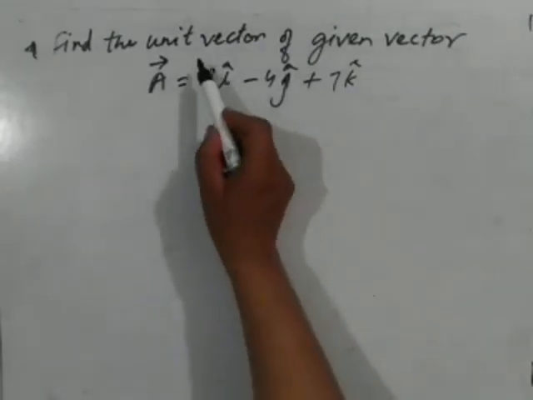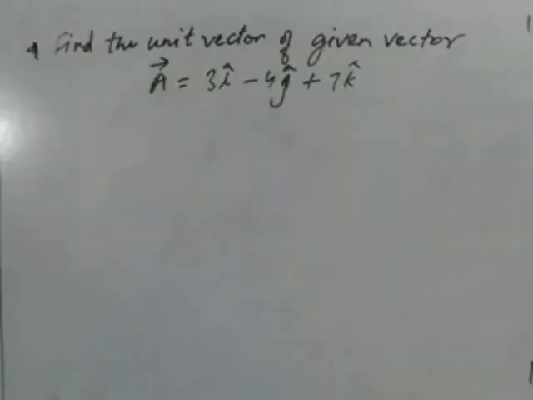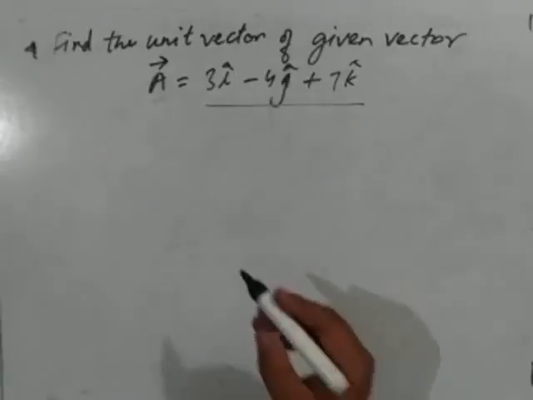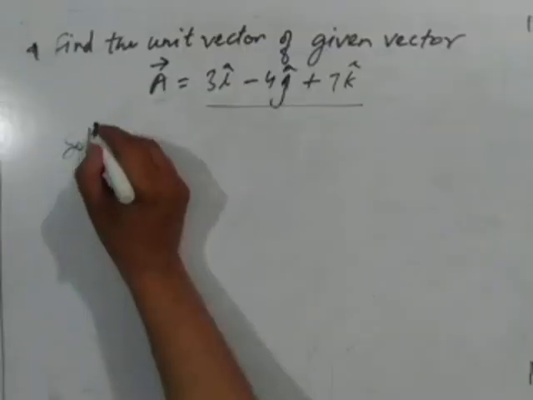So we have to find out the unit vector of this given vector A, whose value is given as this. So we will use the same method.